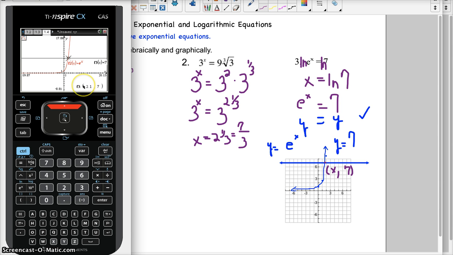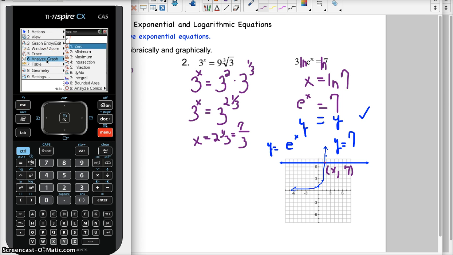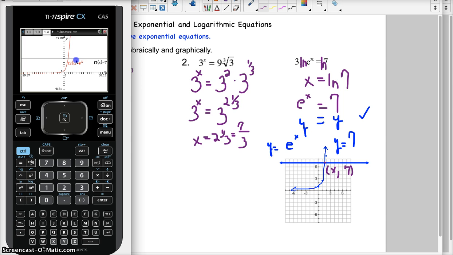If I don't want to use trace, you can go back to menu, analyze graph, and you're looking for the intersection point. So again, slide this finger to the left of the intersection point and to the right of the intersection point. And this time, it looks like it's giving me 1.95 rather than 2.1.